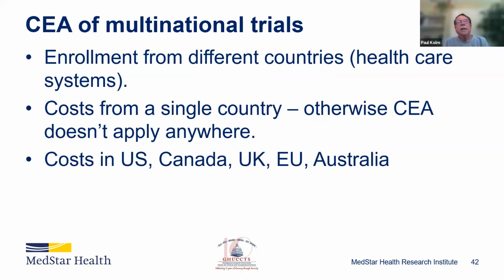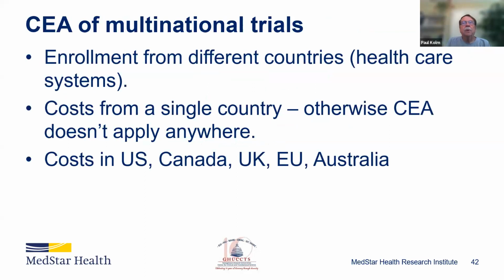And then finally, when we have multinational trials, like I mentioned, the IPE study was multinational, where you have patients from different countries. Some people have asked, why don't you use the cost from the particular country?